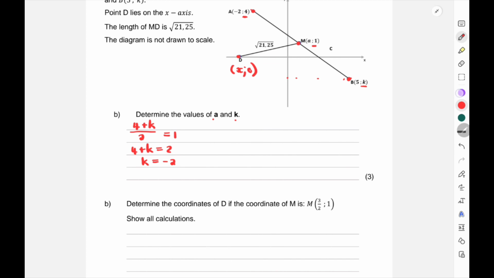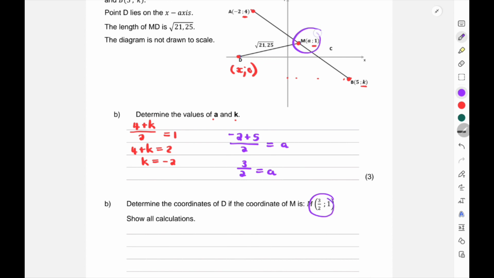Then the same now for a. So it's (-2 plus 5) divided by 2 will give me a's value, and -2 plus 5 gives you 3, so 3/2 for a's value. Okay, now they say to you, determine the coordinates of D if the coordinate of M is (3/2; 1).